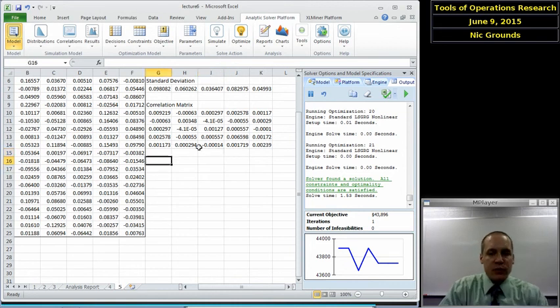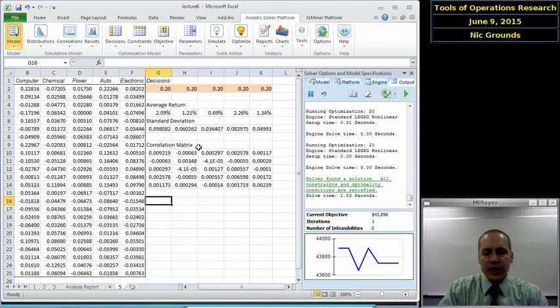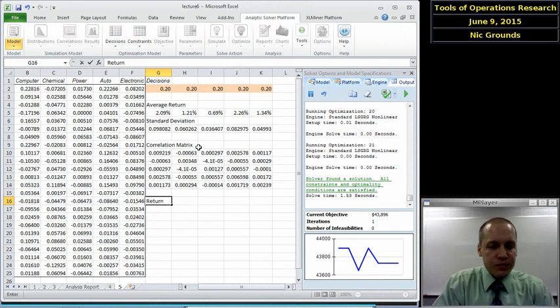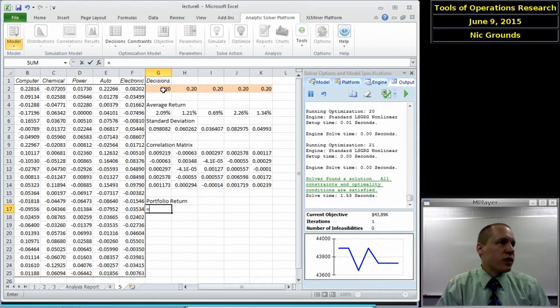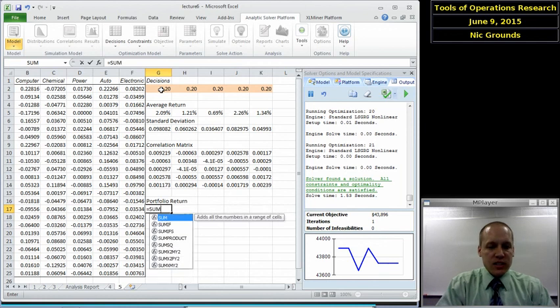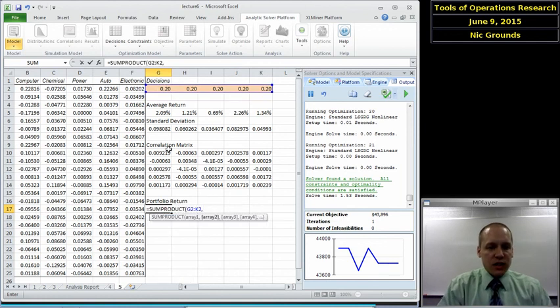So now what we need to do is compute return, or we'll call it portfolio return. The portfolio return is the average return of each investment multiplied by how much of our portfolio proportionately is invested in that. So this is just the sum product of our decision variables and the average returns.